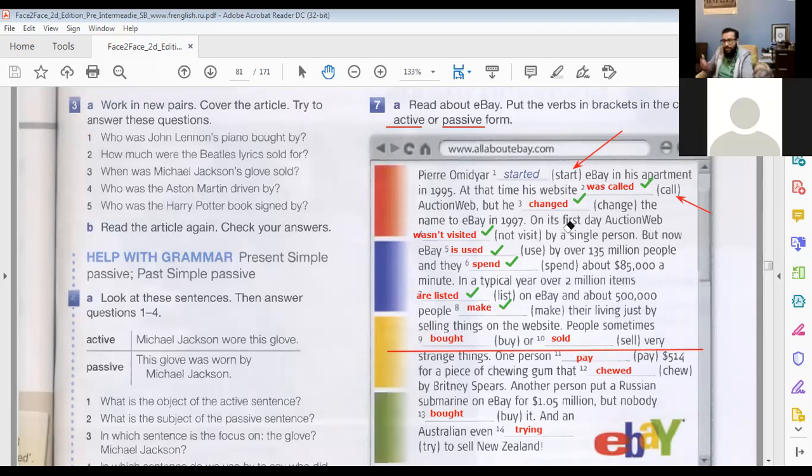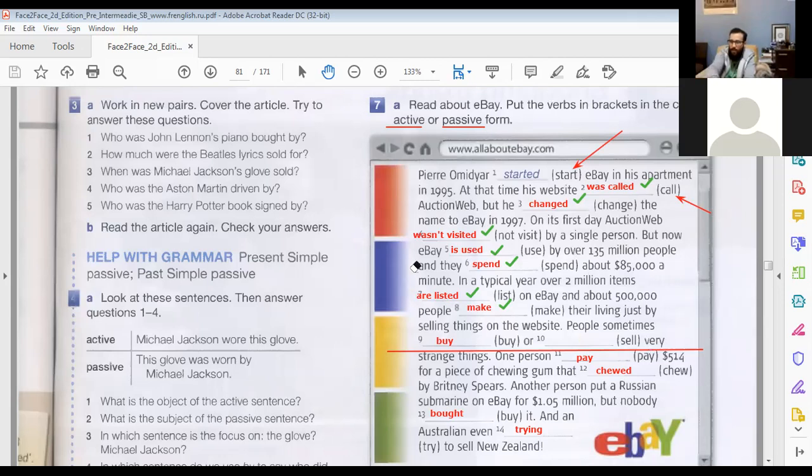Yes, present simple is better, right? Yes. Because we're still talking about a page that's open. The page hasn't closed. You get the idea. It's still active. The page قاعدة تخدم، eBay ما تسكرتش. Okay, so people sometimes buy or sell very strange things.